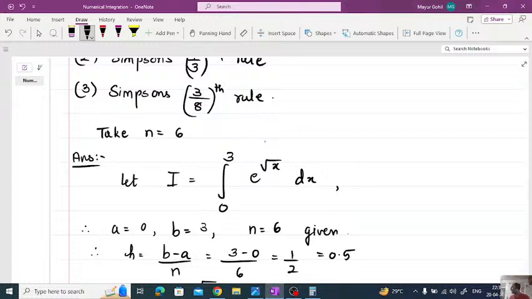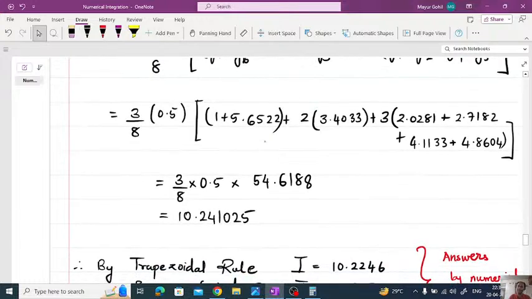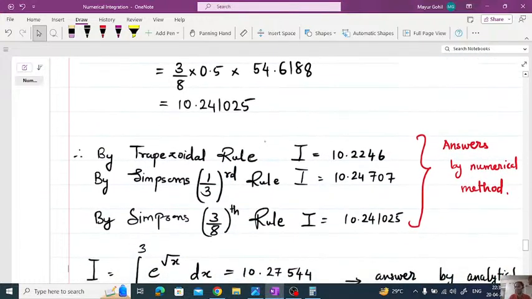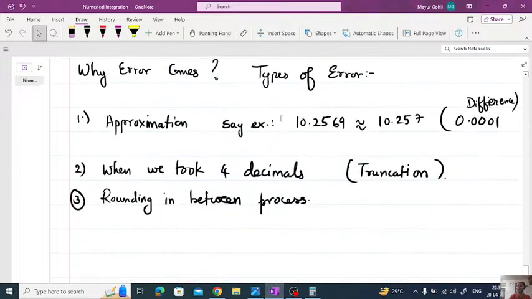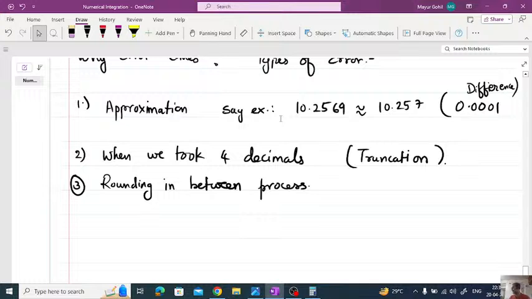Suppose you take n equal to 12 in this question, then you will get a better answer, because your interval is now getting broken into better and better parts. Regarding this I will take up another example in tomorrow's class, another live session, so that this concept gets clear.